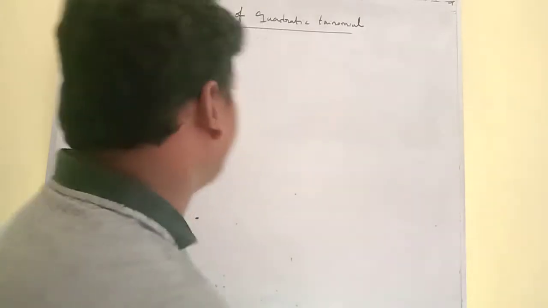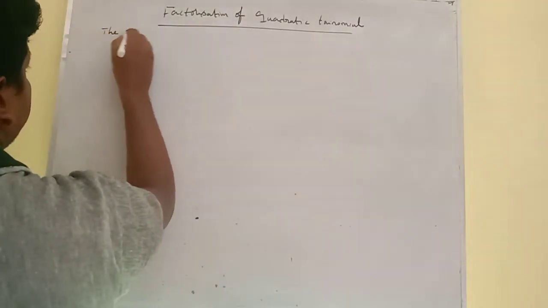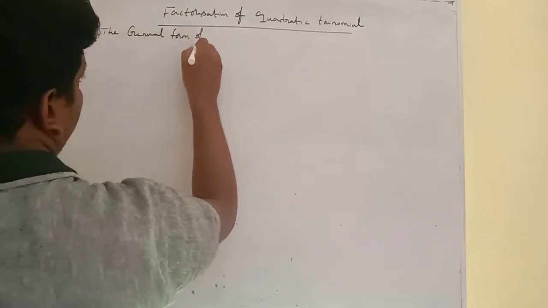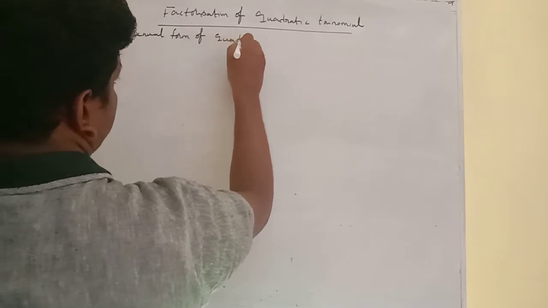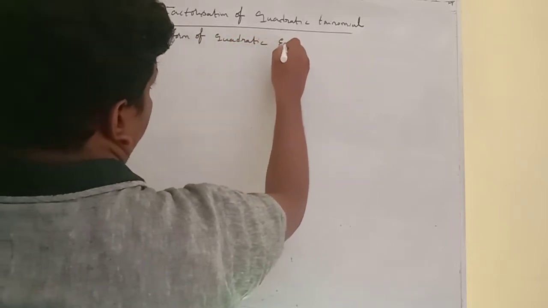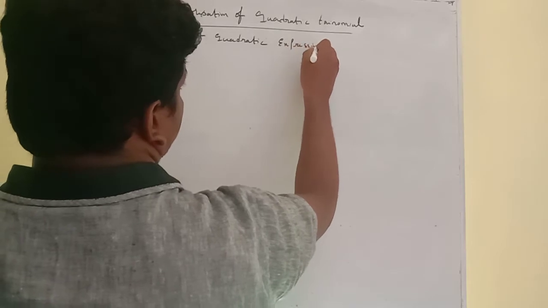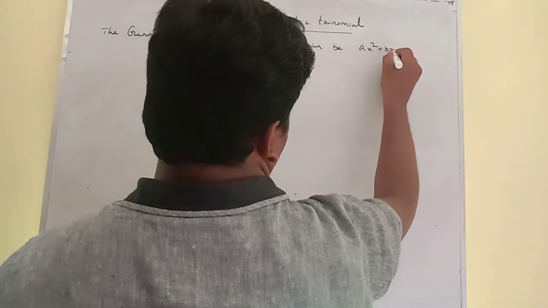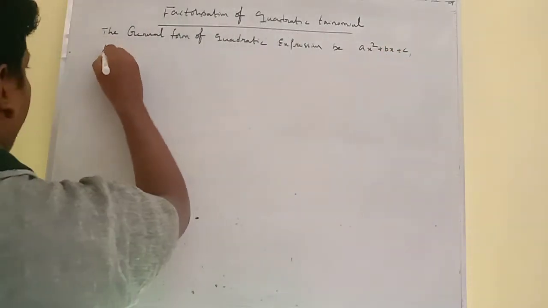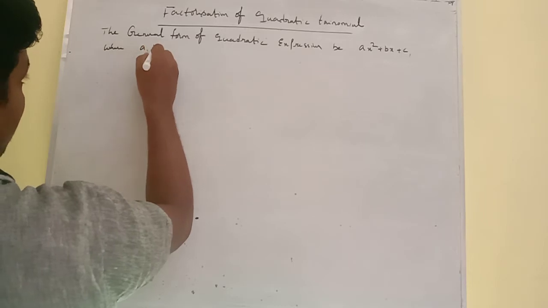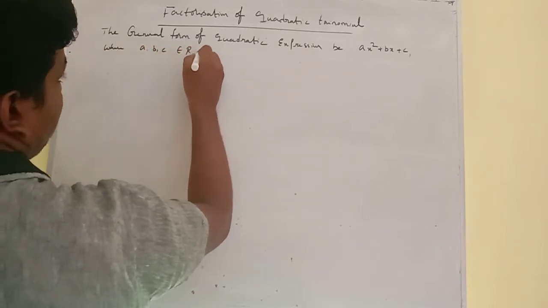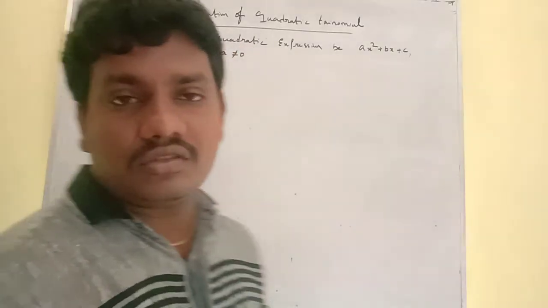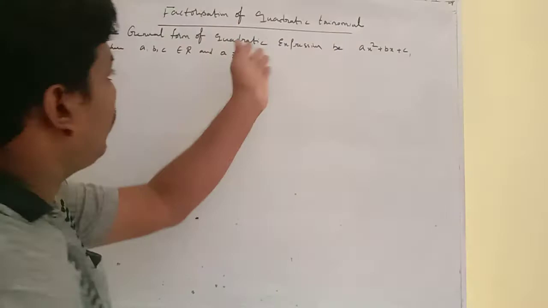The general form of a quadratic expression will be ax square plus bx plus c, where a, b, c belong to real numbers and a is not equal to 0. This is called the general form of a quadratic polynomial.